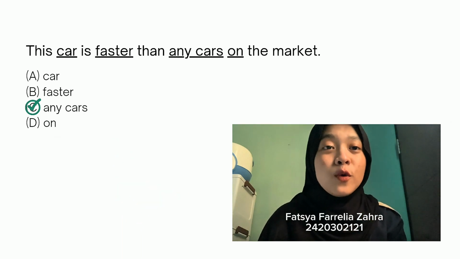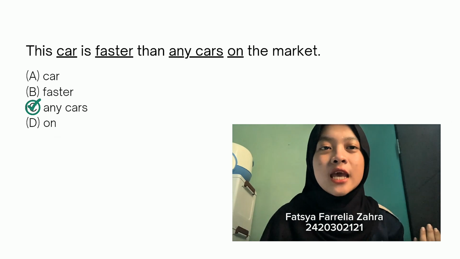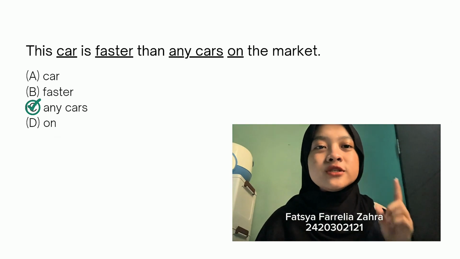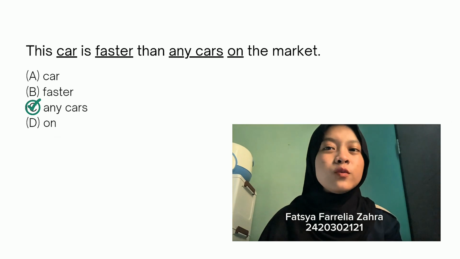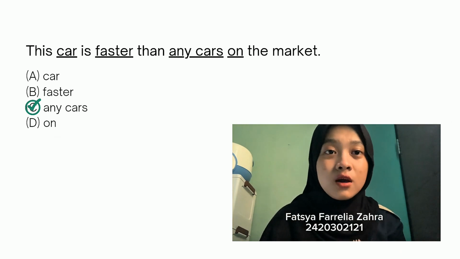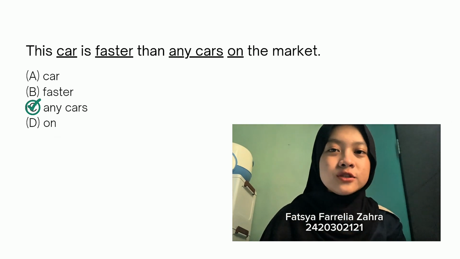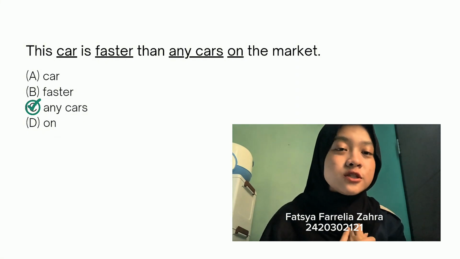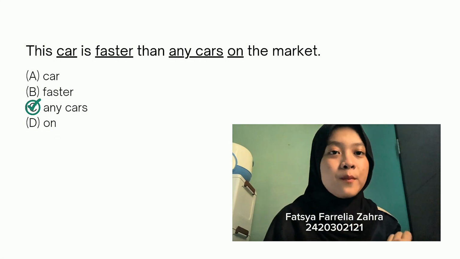Why? When you say faster than any cars, it illogically includes this car within the group it's being compared to. A car can't be faster than itself. To fix it, you need to exclude this car from the comparison.